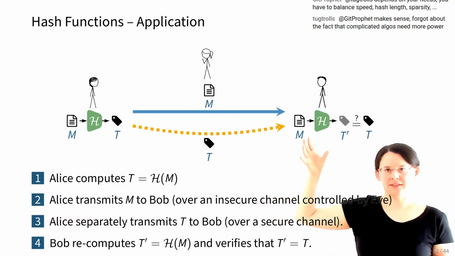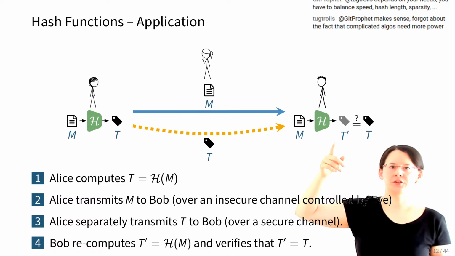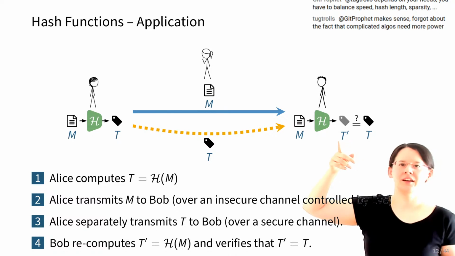What Bob then does, upon receiving the message and the tag, is put the message into the same hash function, get their own version of the tag, t prime, and then compare whether t prime matches. Prime is the mathematical English name for this little apostrophe here.